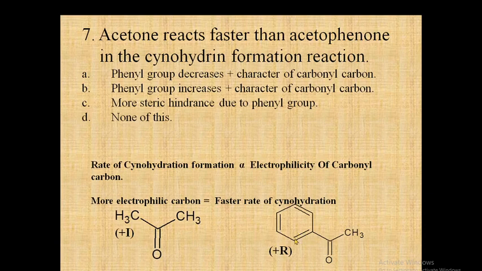So the more plus R effect decreases the electrophilicity of this carbonyl group, and therefore acetone will undergo faster cyanohydrin formation reaction as compared to acetophenone, due to its less electrophilic nature. Therefore option A will be the correct answer, because the phenyl group decreases the positive character of the carbonyl carbon.